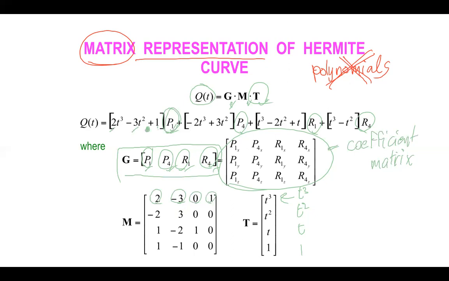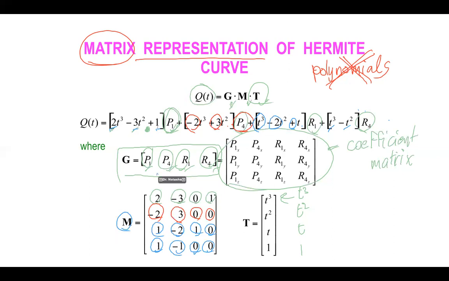Once again, this term P4: minus 2, 3, 0, 0. And then 1, minus 2, 1, 0, and then 1, minus 1, 0, 0. Okay. So you can just pick up the coefficients from this polynomial right away into this matrix form, the matrix representation.